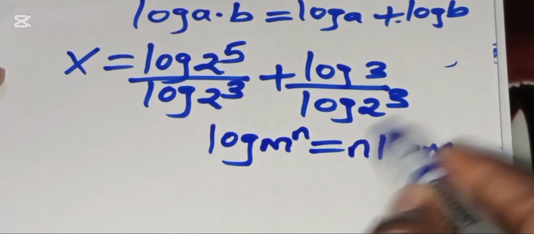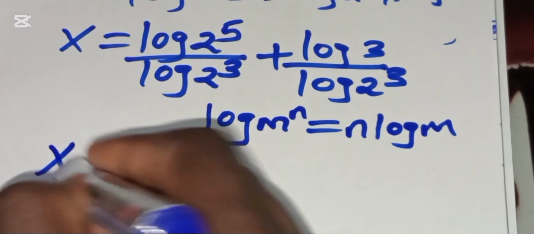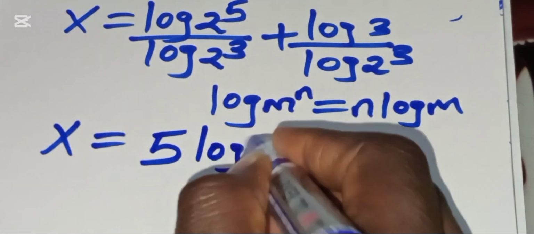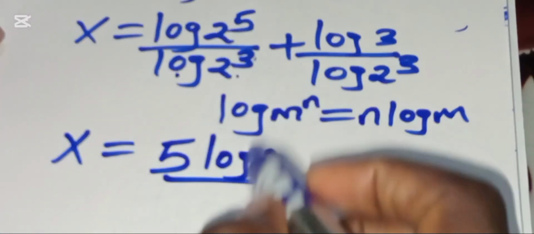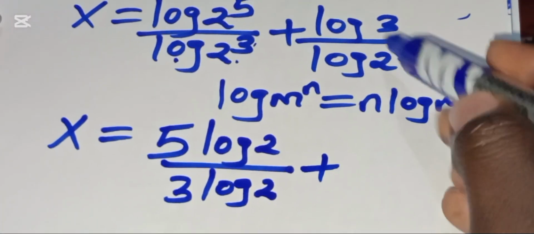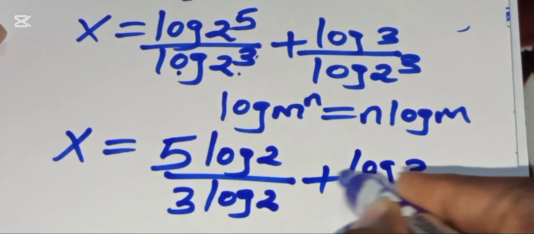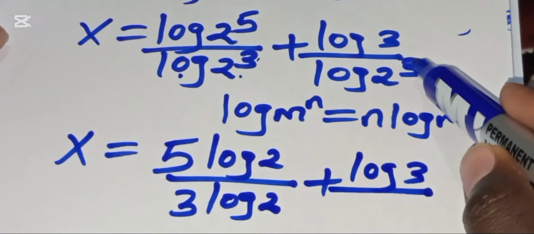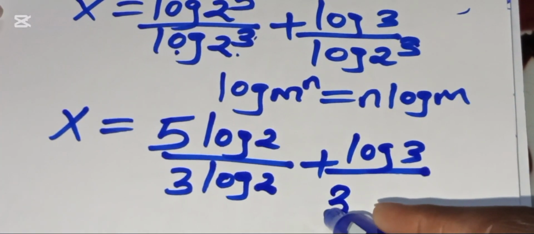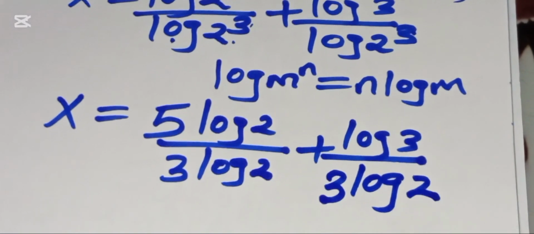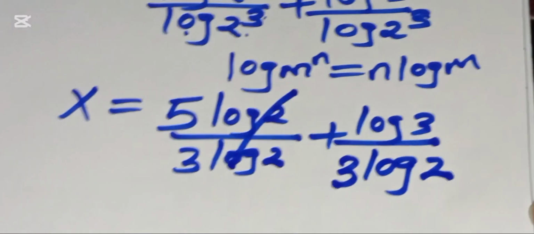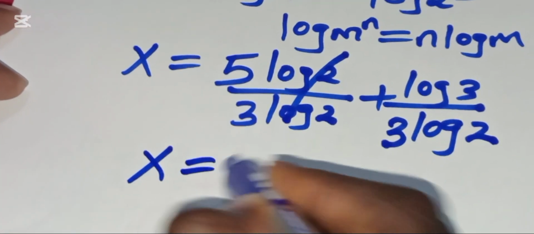Applying this logarithm property, log 2 raised to power 5 becomes 5 log 2, divided by log 2 raised to power 3, which is 3 log 2, plus log 3 divided by log 2 raised to power 3, which can be expressed as 3 log 2. Now we simplify log 2 divided by log 2, so that x is equal to 5 over 3 plus log 3 divided by 3 log 2.